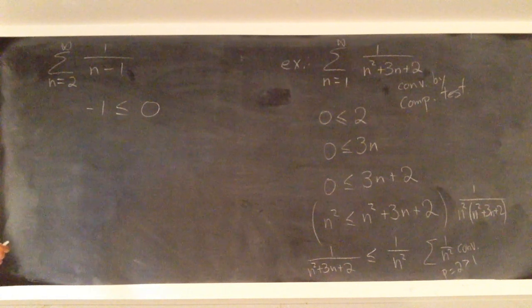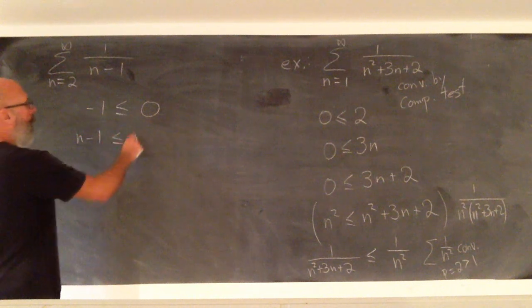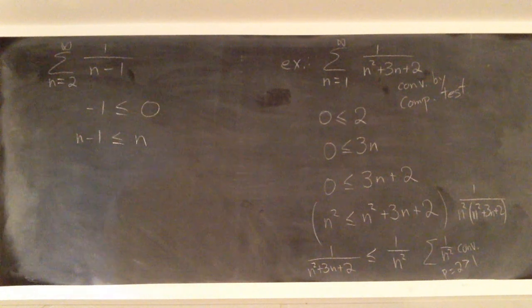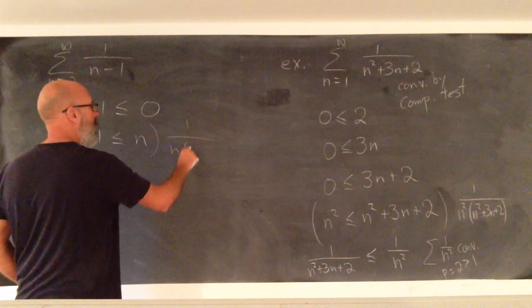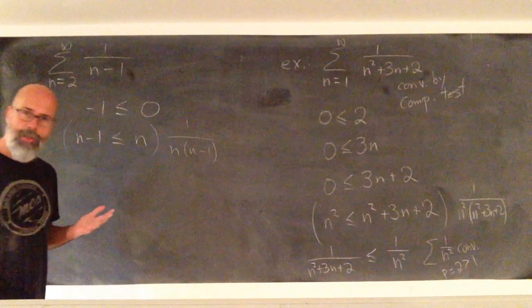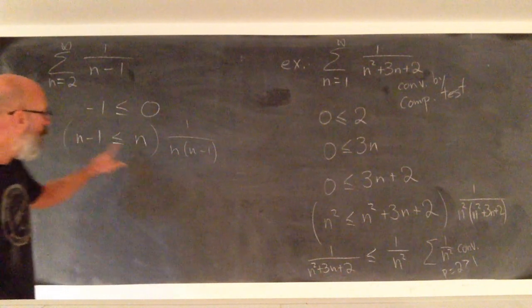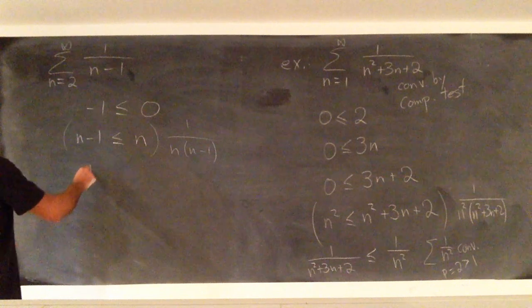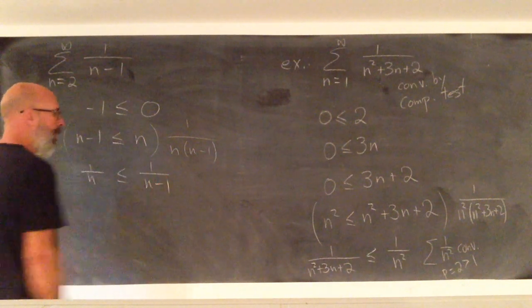If we add n to both sides, we get this. And if you multiply this by 1 over n times n minus 1, which is positive if n is bigger than or equal to 2, so the inequality is preserved, we end up with 1 over n less than or equal to 1 over n minus 1.